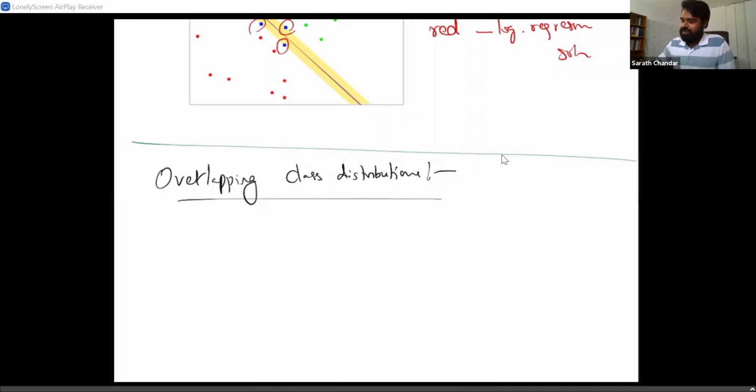But maybe before that, are there any questions on max margin classifiers? If you have any questions, you could either type them in chat or raise hand.